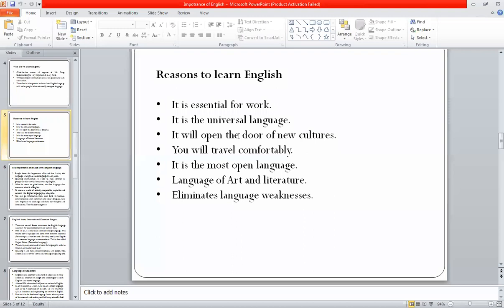It is necessary to speak or use this language while you are speaking to someone, or to your customer or other people.